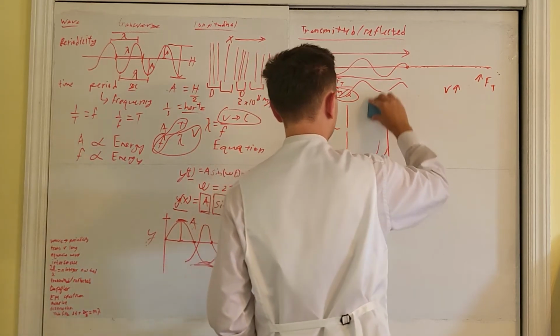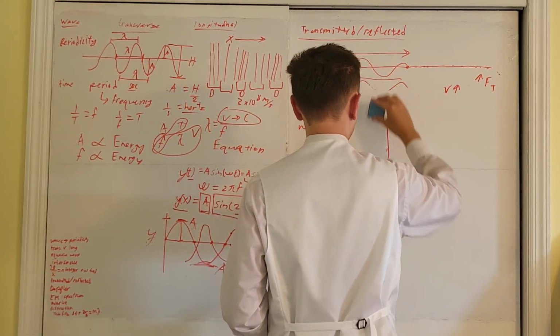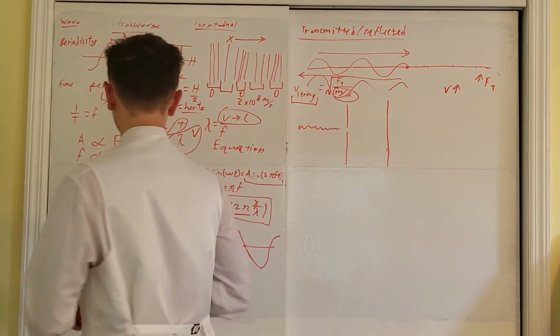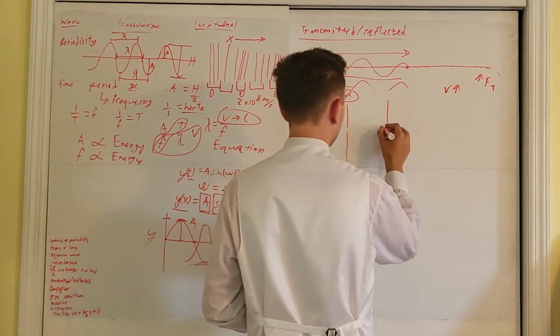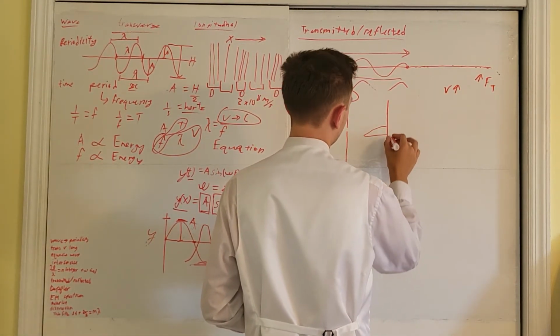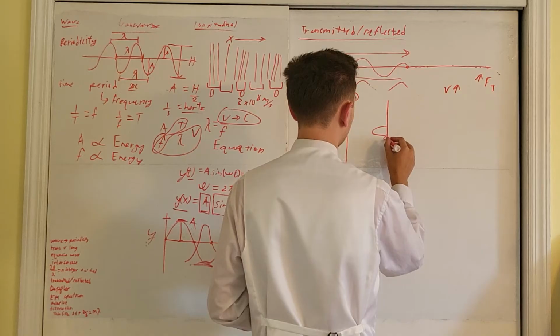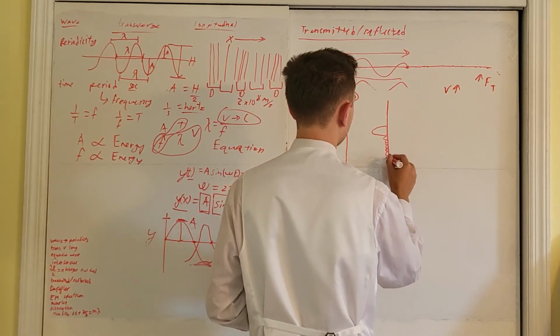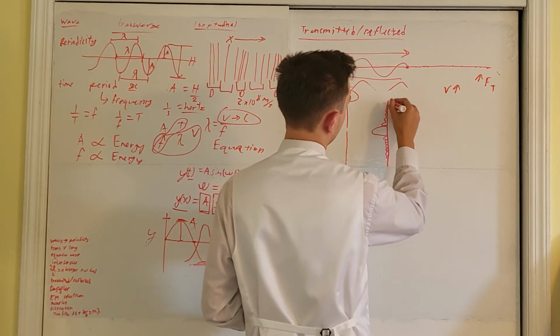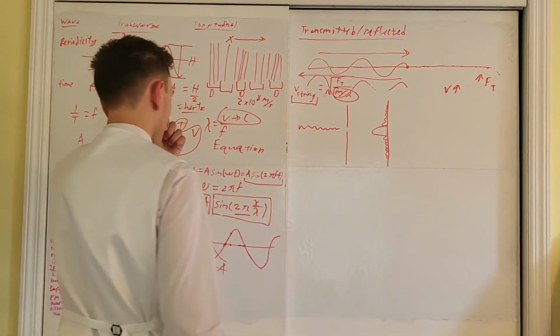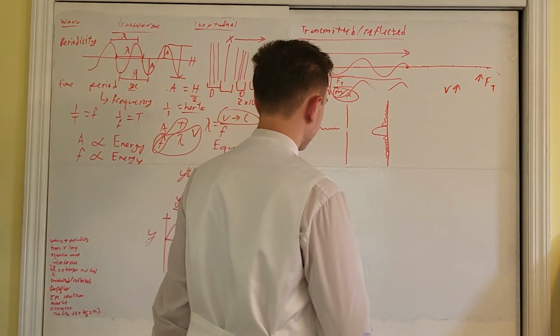Okay, what is a diffraction pattern? A single slit diffraction pattern consists of a huge bright fringe of light in the center with several much smaller fringes as you go further out. Okay? That's your single slit diffraction pattern.